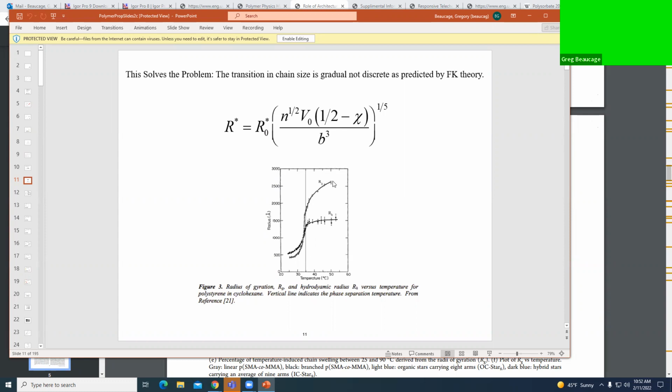It's expanded here, expanded there, Gaussian here, but there's no on-off switch. It isn't like expanded then theta. It's continuous. So somehow the coil can accommodate this changing condition with temperature. The way it accommodates it is what's in that plot.